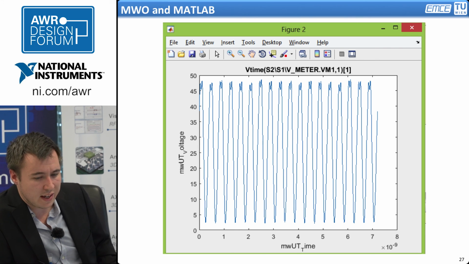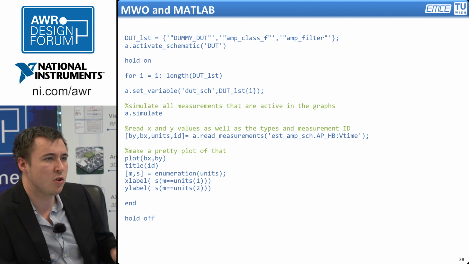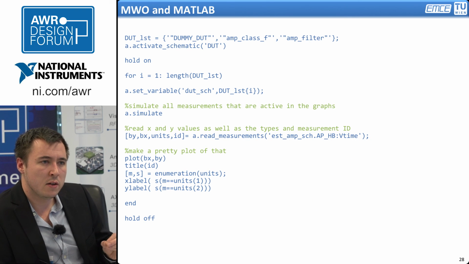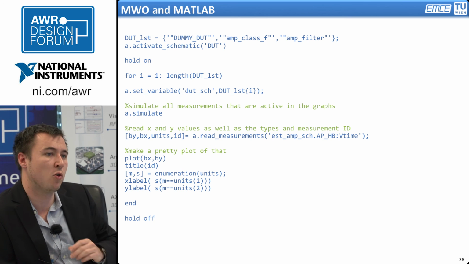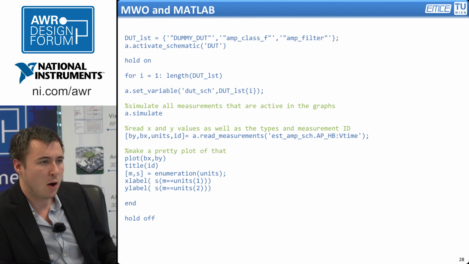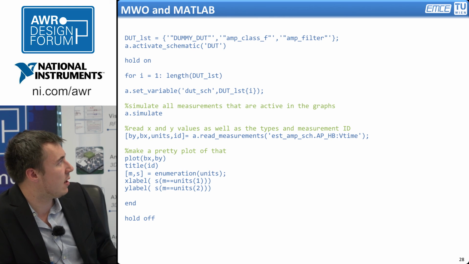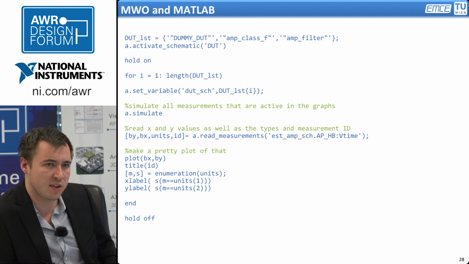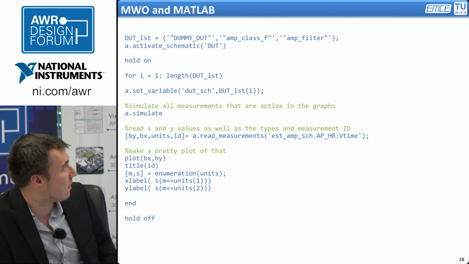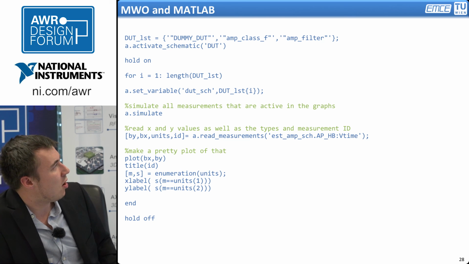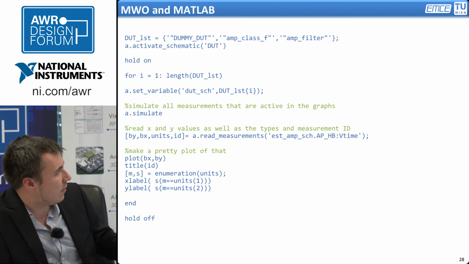And what is, I guess, the more important feature for most of us is you can optimize, for example, iterations for optimizer runs, or for comparing multiple data sets, or whatever you're interested in. As long as you can perform it once inside Microwave Office, you can now do it automatically using this class. For example, here I just made up a list out of the names of the DUTs I want to try and compare them.